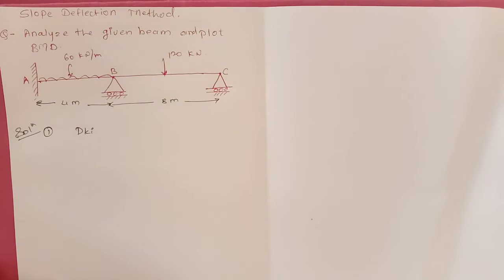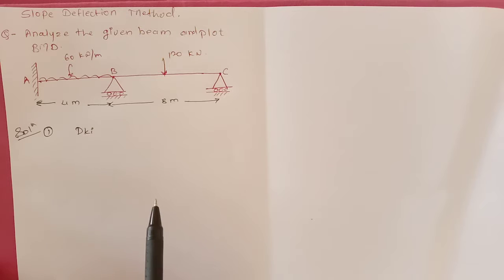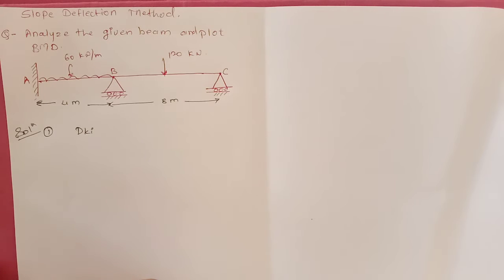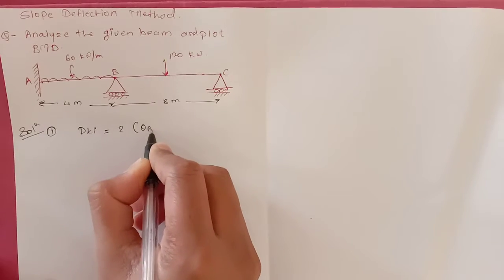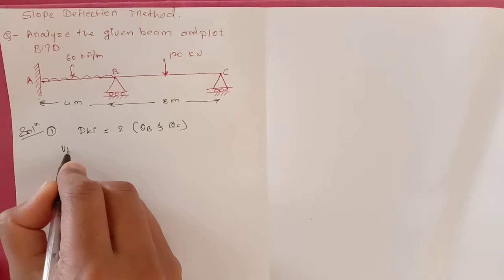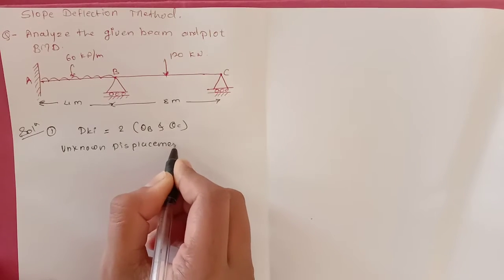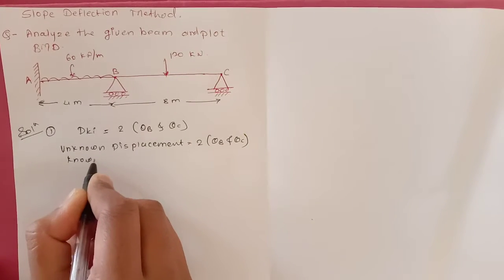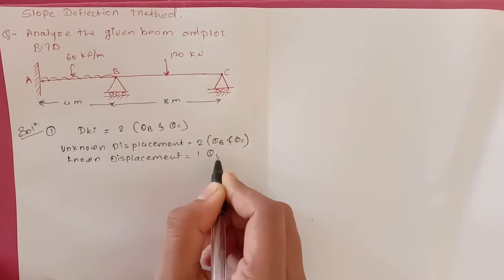Here DKI is 2, that is theta B and theta C. That means unknown displacements are 2, theta B and theta C, and the known displacement is only 1, that is theta A. So the unknown displacements equal 2 and the known displacement equals 1, that is theta A.